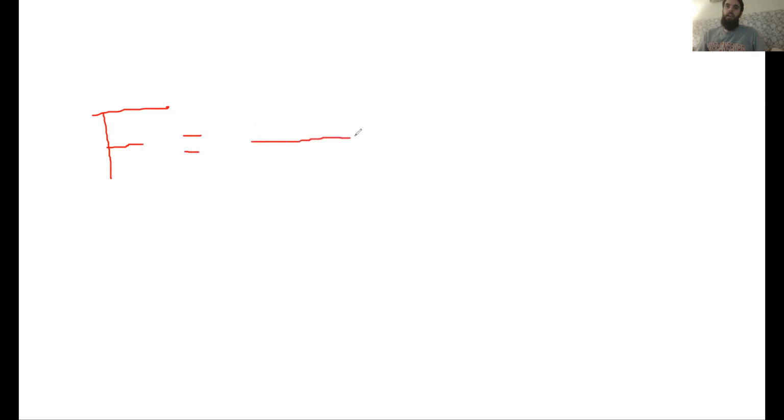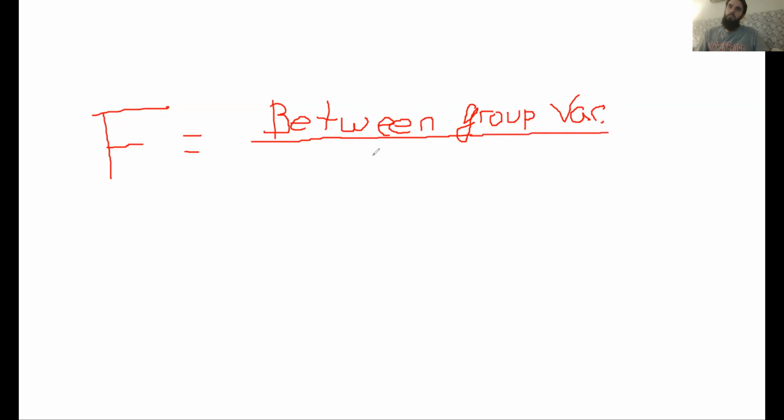And Fs are calculated by dividing between group variance over error variance, right?